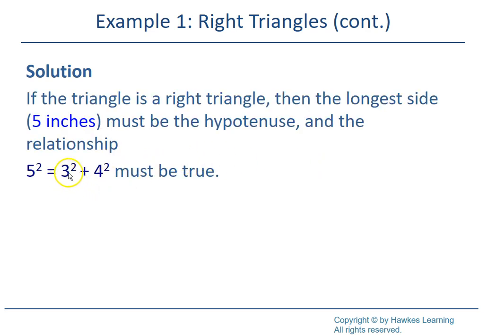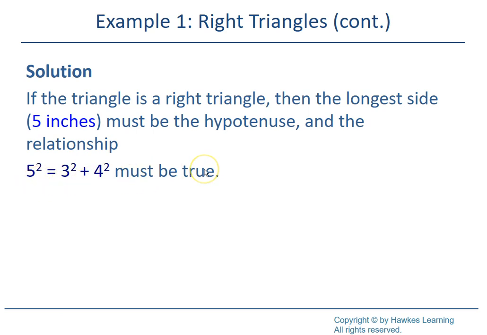So if we square the 3, we get a 9. Square the 4, we get a 16. 9 plus 16 is 25. If we square 5, we get 25. So the sum of the squares of the sides equals the square of the hypotenuse.